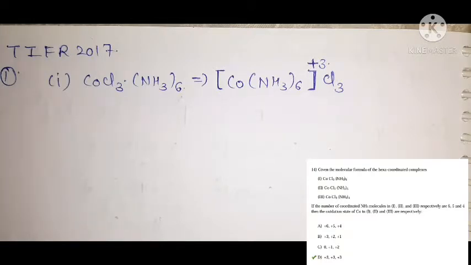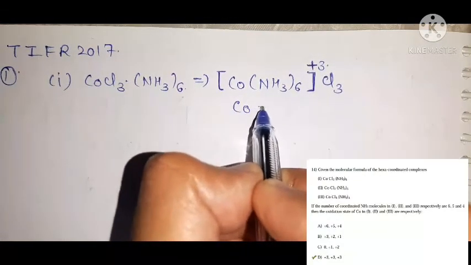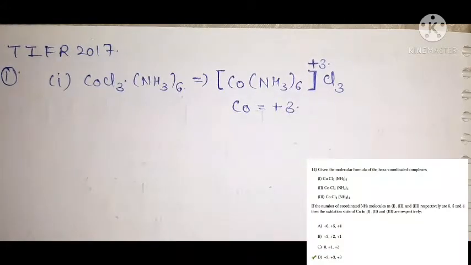This is a general concept in coordination chemistry. So in this complex, cobalt is present in +3 oxidation state.